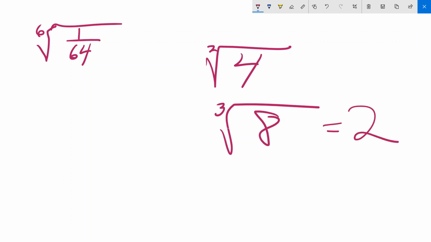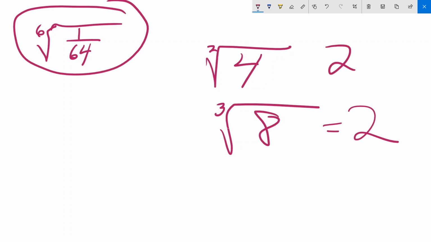If they're asking questions like that, 2 is usually involved. Turns out that 2 to the 6th power is 64. So what is the 6th root of 1 over 64? 1/2. Yes. Very good.